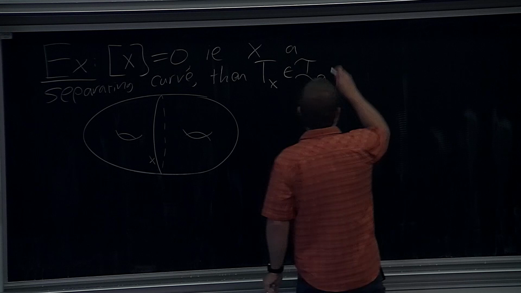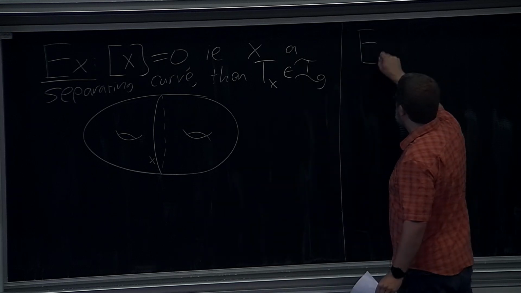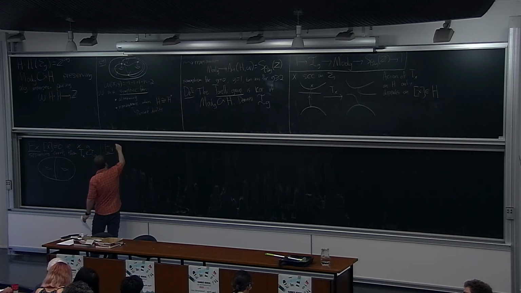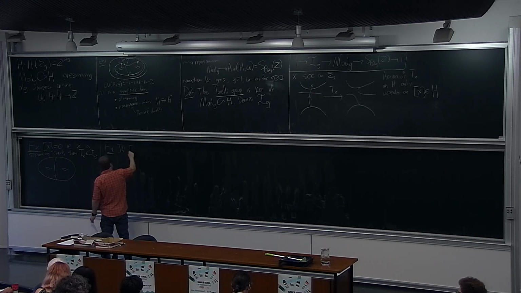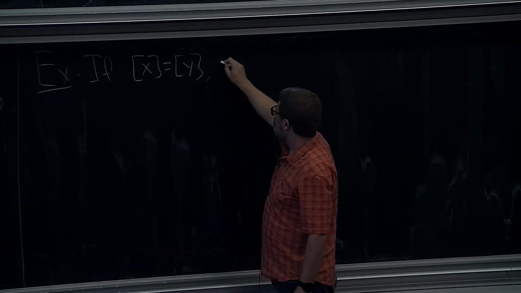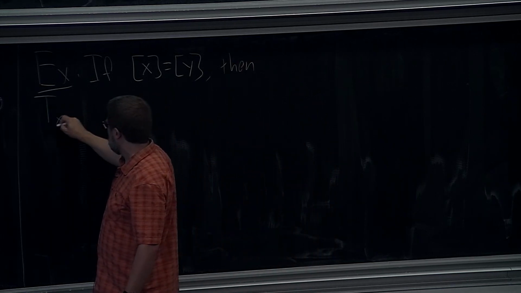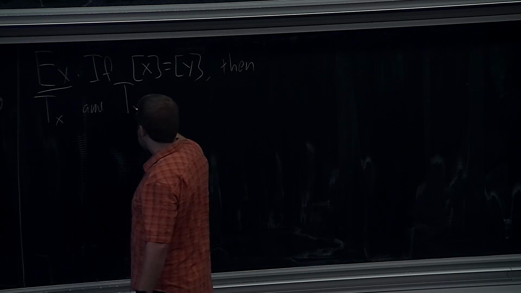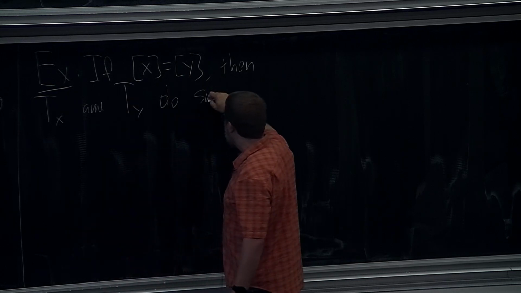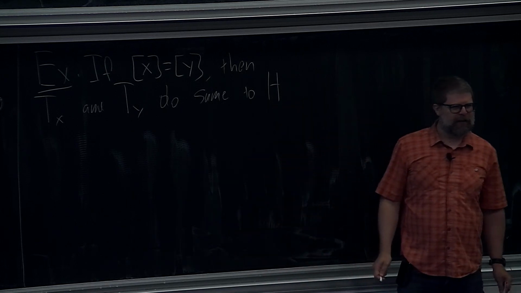There's another slightly more sophisticated thing you could do. So here's an example. If x and y are homologous curves, then the Dehn twist about x and the Dehn twist about y do the same thing to H, the same thing in homology.